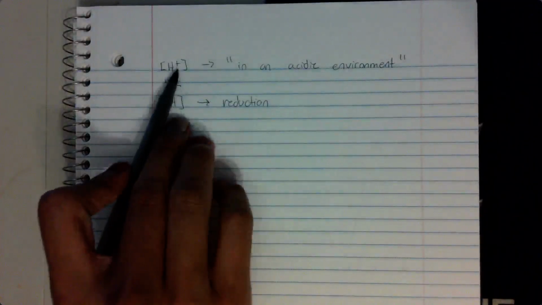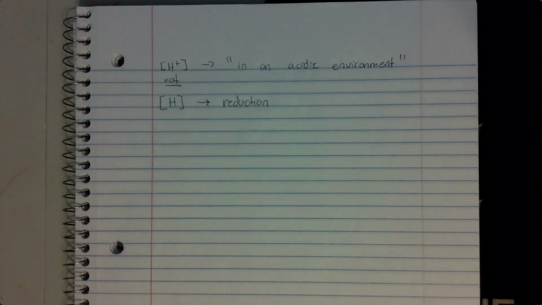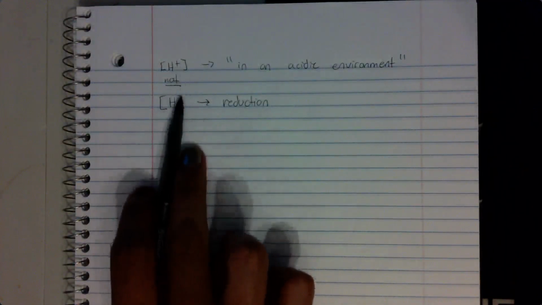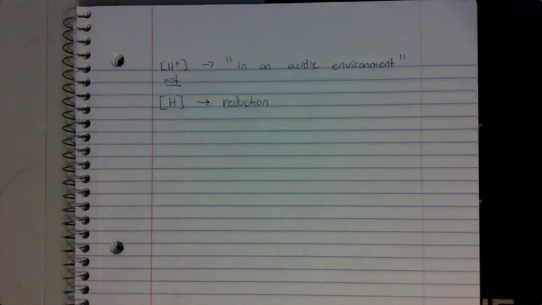This is not bracket H. Bracket H means reduction, but a bracket H with a positive in it means in an acidic environment. There is a major difference between these two things, but we are particularly interested in the acidic environment.